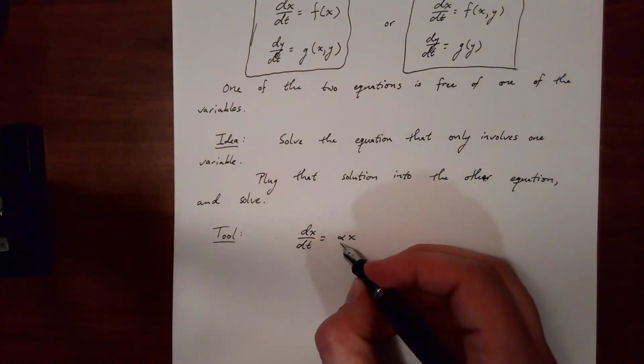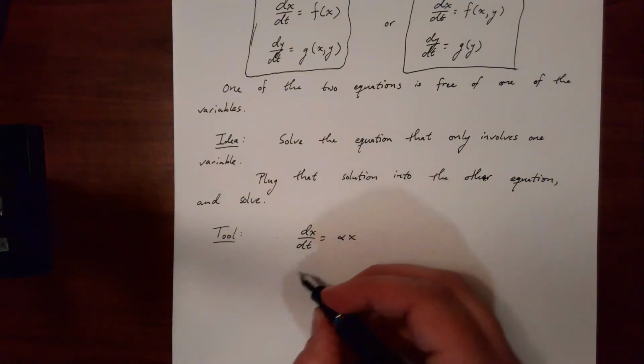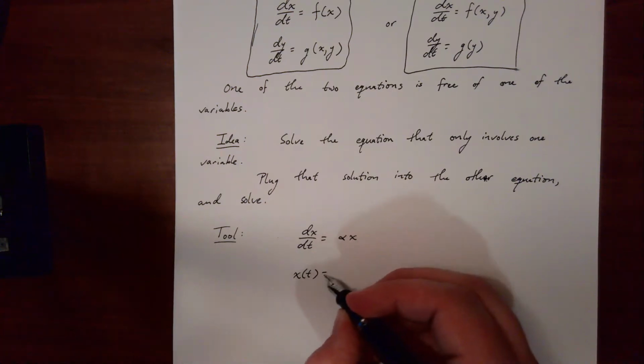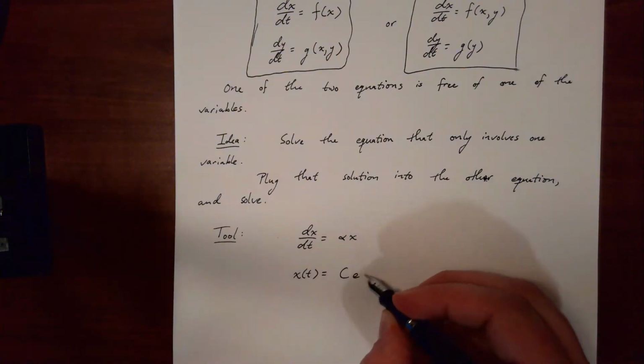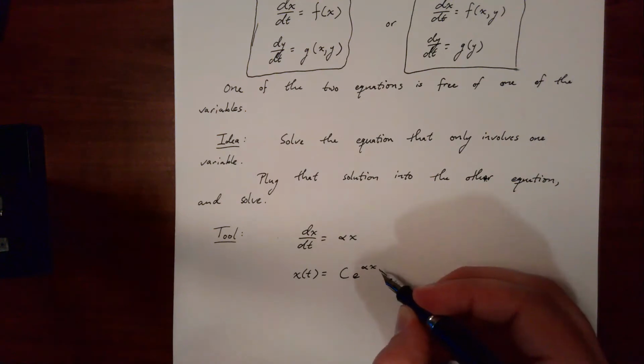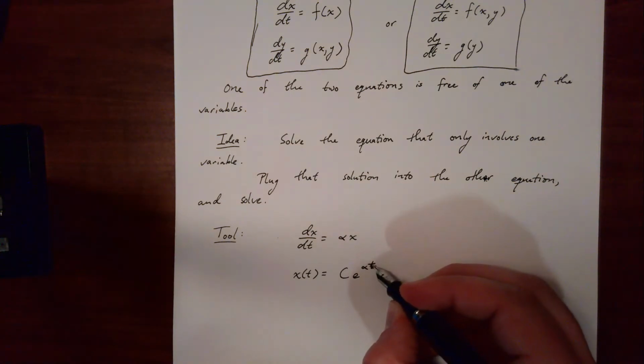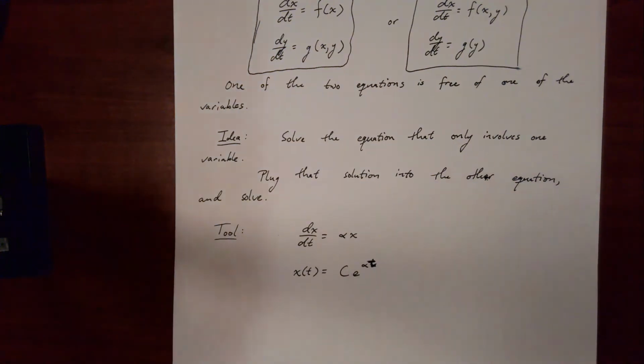Here, this is separable technically, and if we were to do the separation of variables, we would get that x of t is equal to c e to the alpha t.